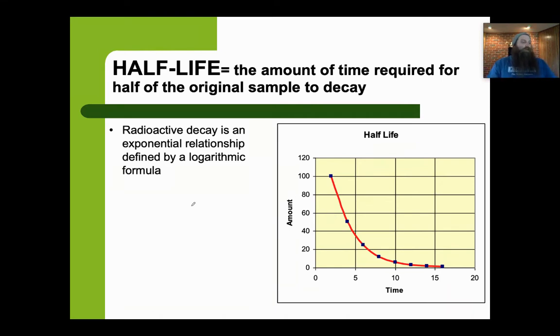And what we're seeing here is half-life in action. So if I have a 100-gram sample, after one half-life, I should be left with 50 grams, because half-life is the amount of time it takes for half of an original sample to decay.